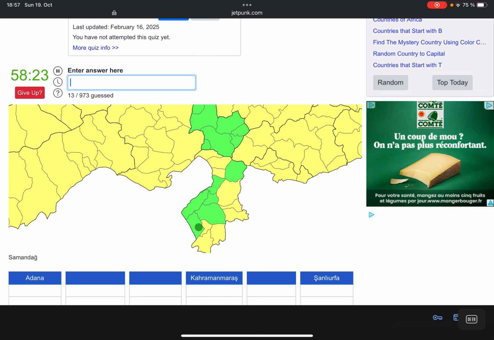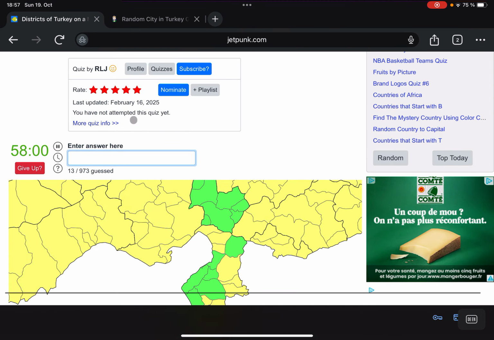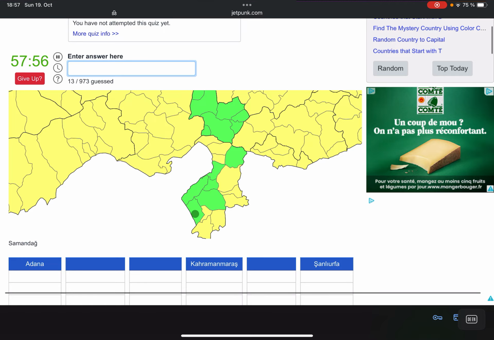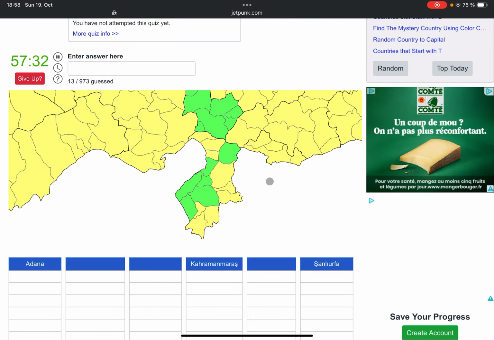This is a little bit annoying in this quiz that very often you have these endings on the yumuşak G, on the G with a little diacritic mark on top of it, and this letter is not pronounced, so I guess the quiz maker RLJ, which I'm otherwise very thankful for making this quiz, decided that the one possible type-in for these kinds of districts that have the yumuşak G at the end, when you enter Samandağ, just without the yumuşak G, it already enters it, so it's gonna become clear when I continue this quiz, but yeah, it's just a little bit annoying.